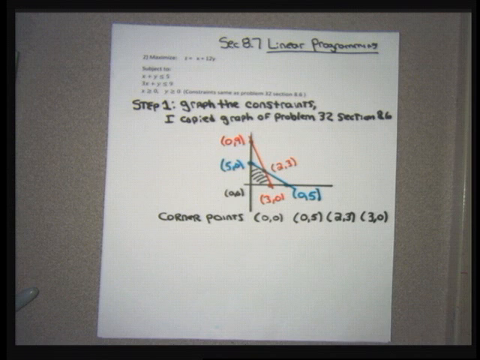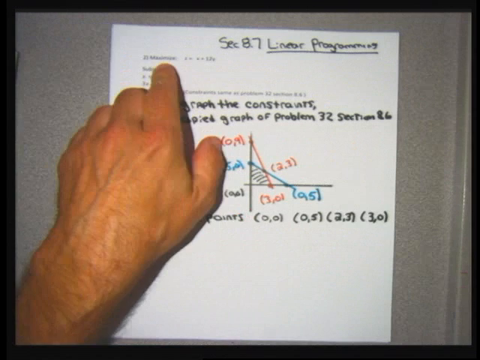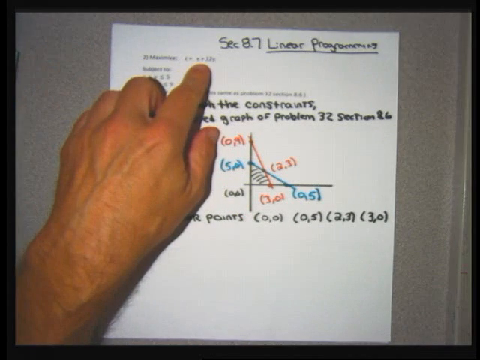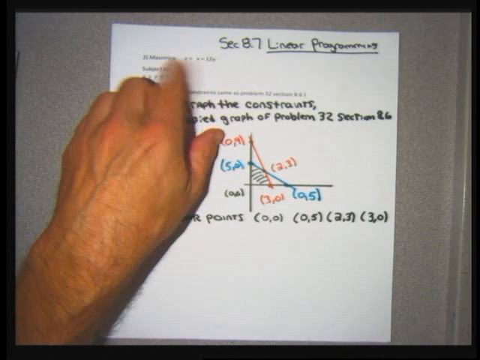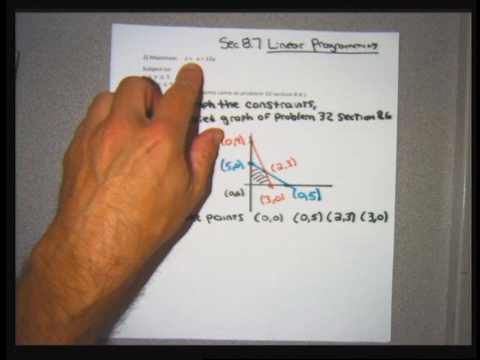So subject to these real world constraints, tell me how many of these autos, if I'm producing cars, to produce to potentially maximize my profit. So my goal is, subject to the constraints, find the largest value that this can be. So I'm trying to maximize z.